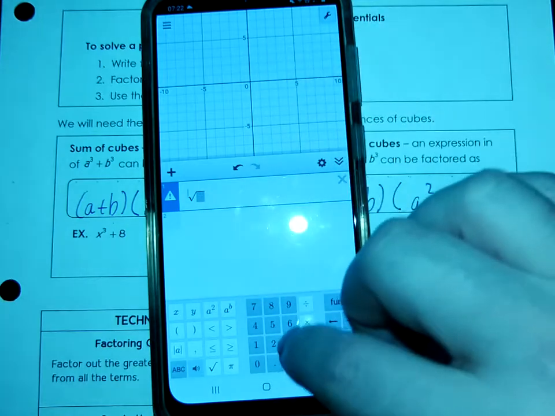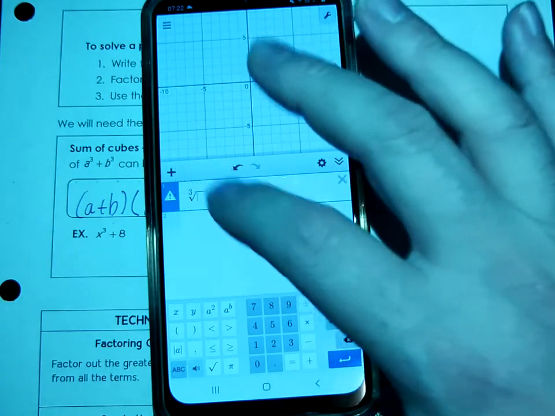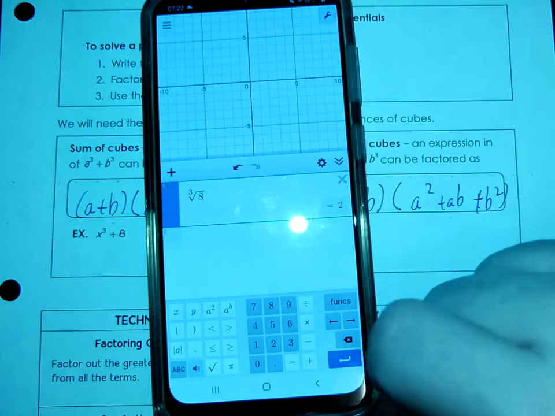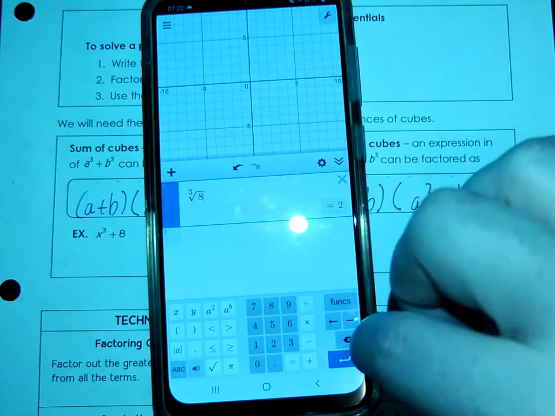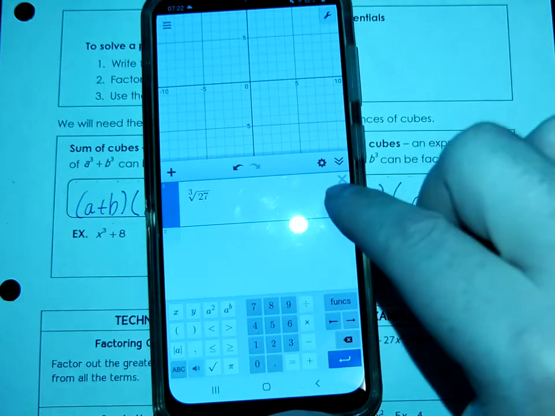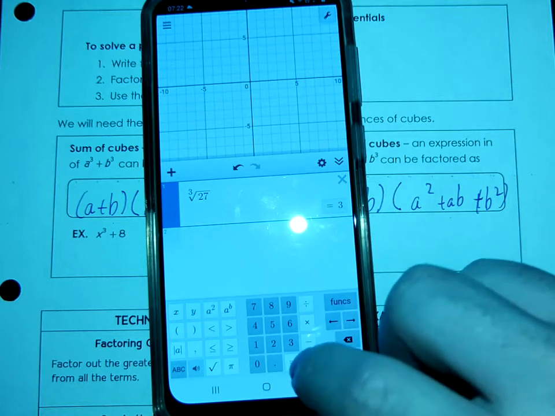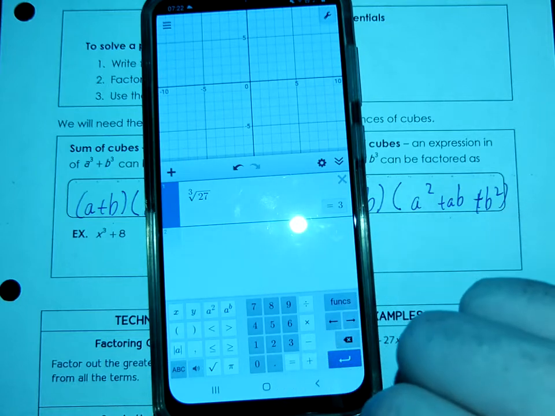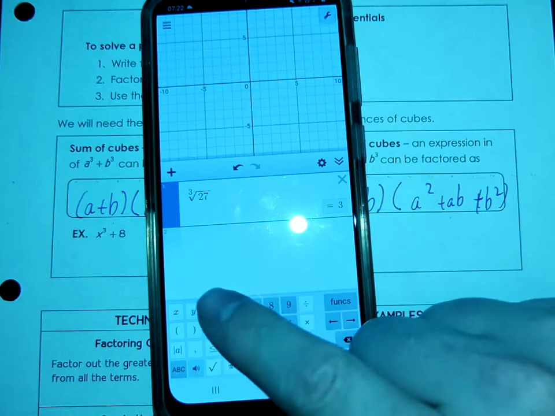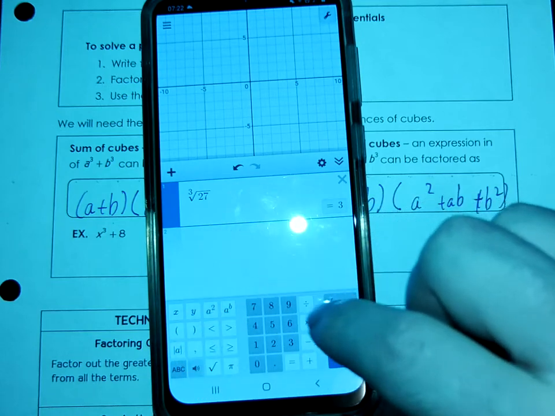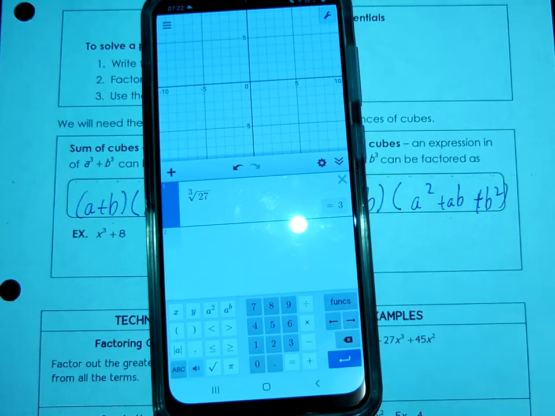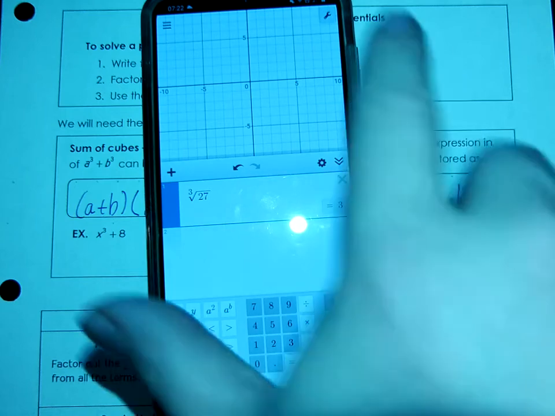Put the 3 in the top, put the 8 inside. That is the cube root of 8. If I wanted to do another number like 27, the cube root of 27 is 3. There's a way to do this with exponents too that I was looking for out here, but I couldn't find the exponent symbol. It's on the computer one. It's an a to the x symbol or a b to the x symbol when you look for it.